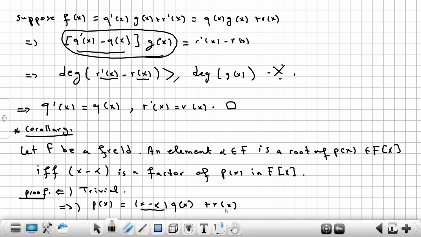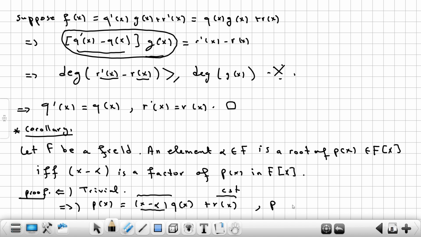p of x equals x minus alpha times q of x plus r of x. If r of x is not equal to 0, the degree of r of x must be less than the degree of g of x, which here is x minus alpha. So the degree of r of x must be equal to 0, so r of x must be constant.